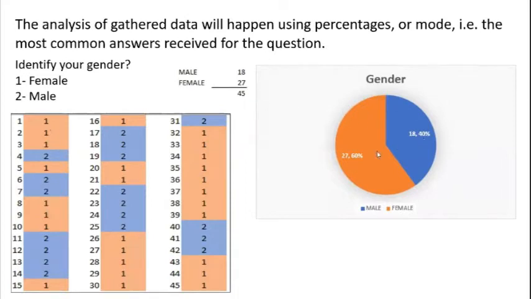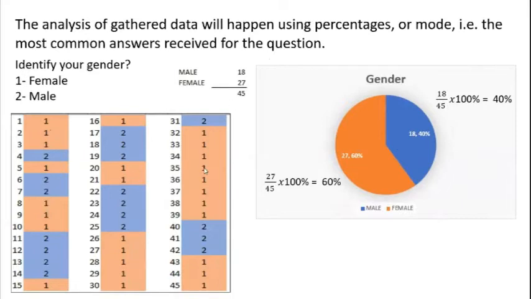So how did we come up with these values of 40 and 60? 18 divided by 45 times 100 would give you 40%, and then 27 divided by 45 times 100 is 60%. So that's how a nominal scale data or result looks like.